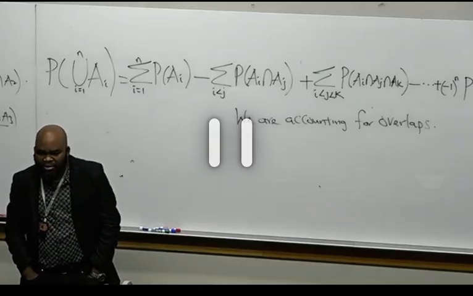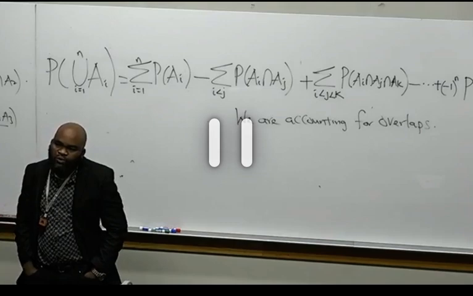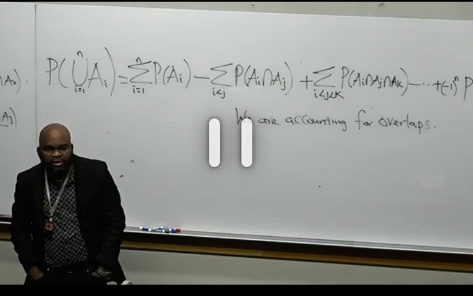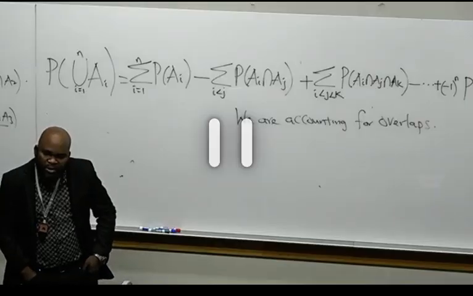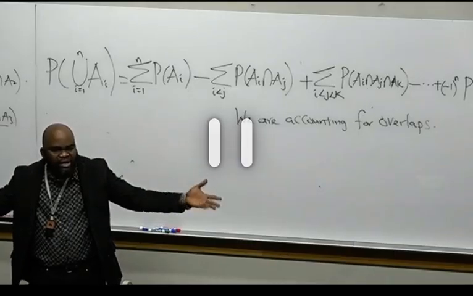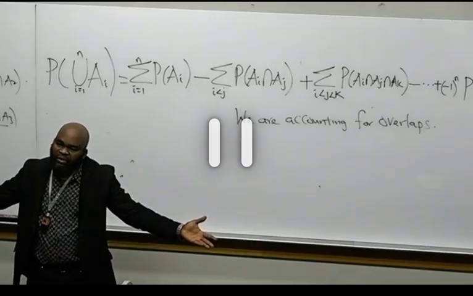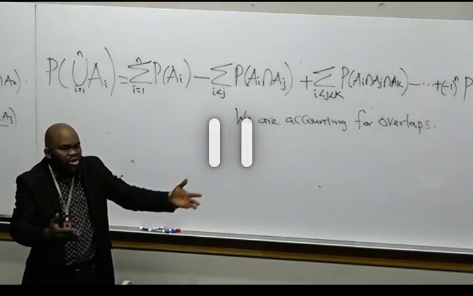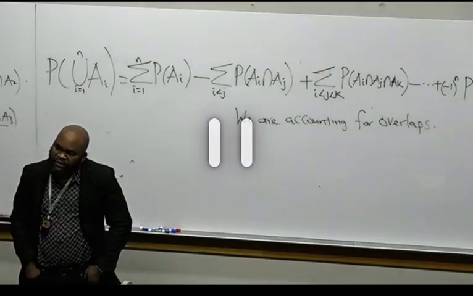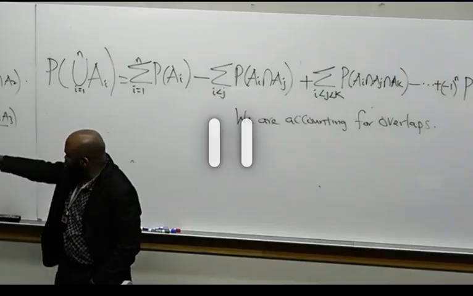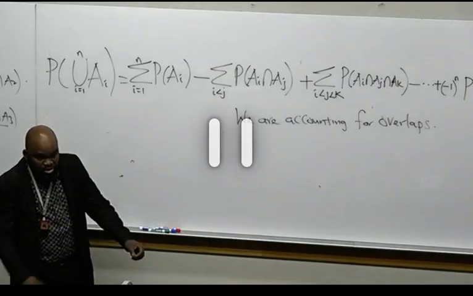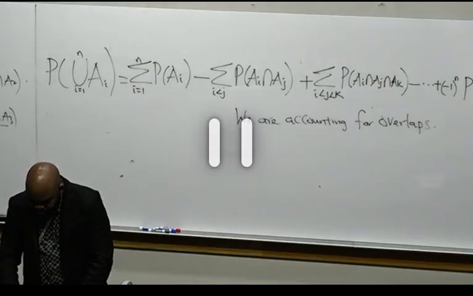If I want to figure out the probability of total failure, depending on whether components that make up a system are arranged in series or in parallel, you may want to figure out the probability of a total failure. Then you're going to make use of the inclusion and exclusion principle. That is just from there.